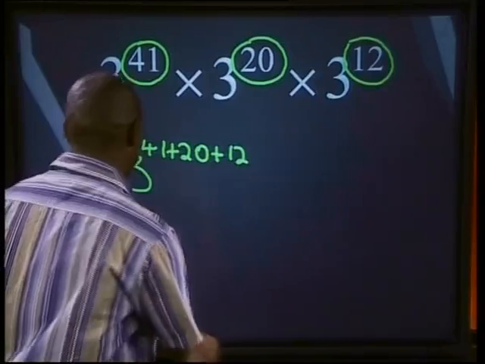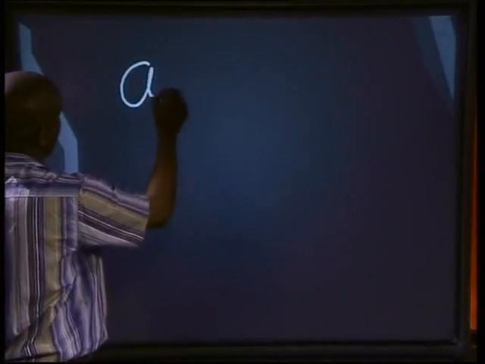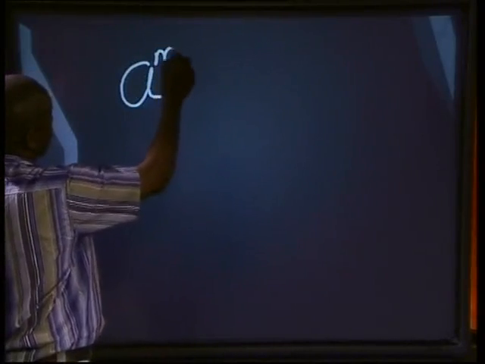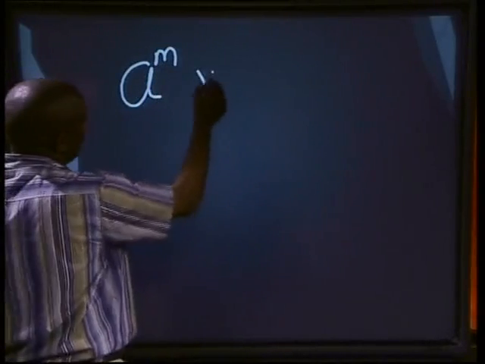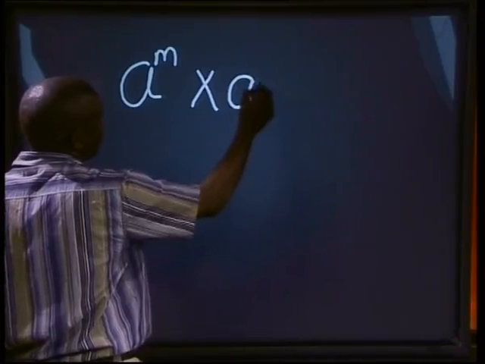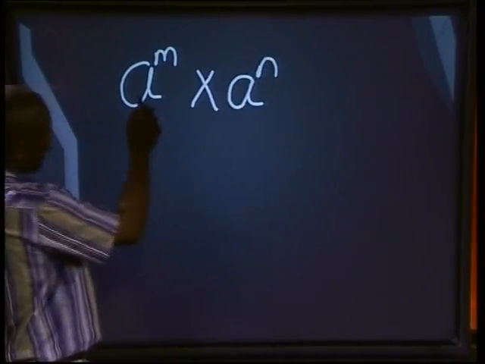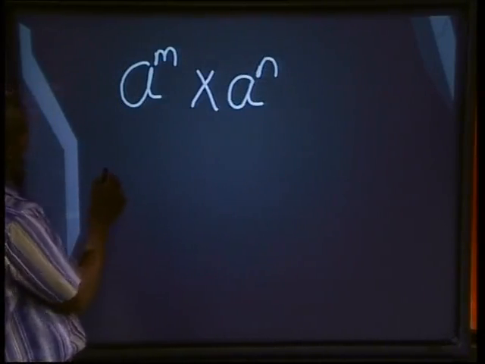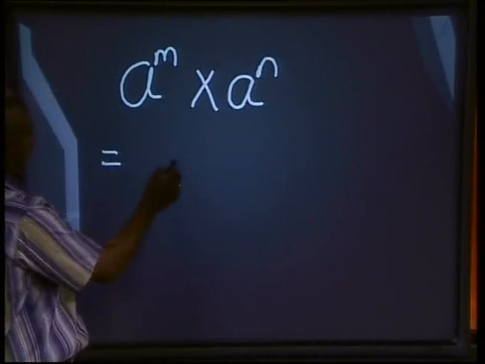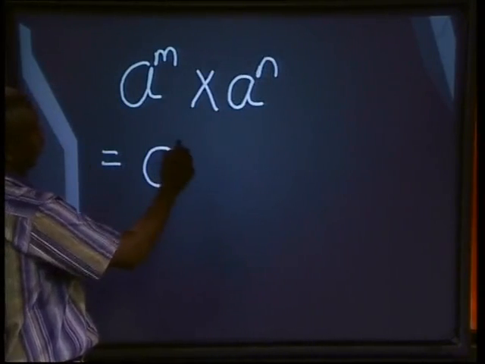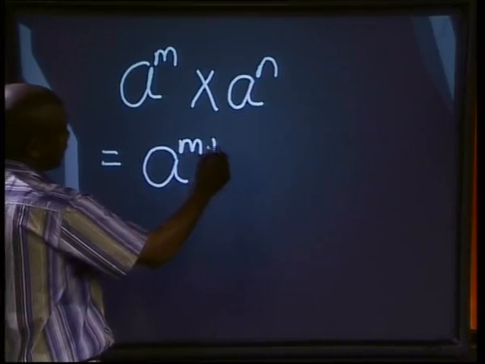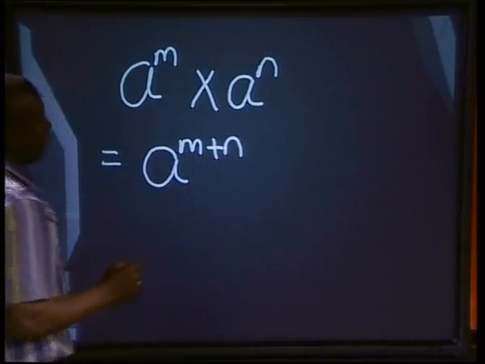This says a to the power m multiplied by a to the power n, where a stands for any number, will be the same as a to the power of m plus n.